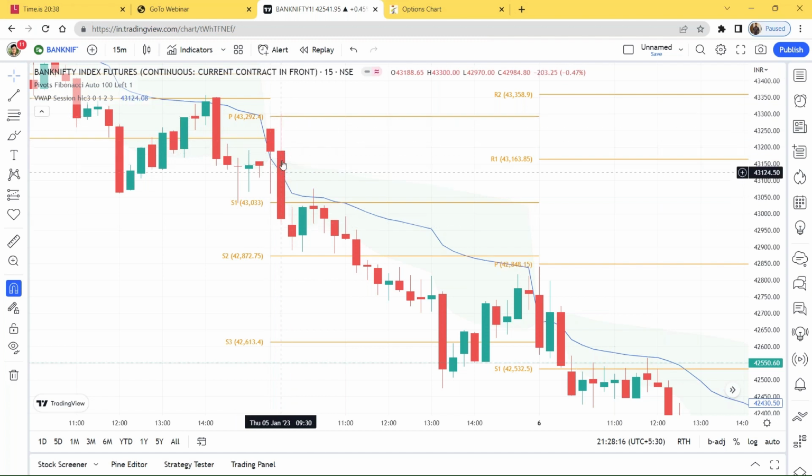The body of the candle should cross and close below both the VWAP and the pivot on a single candle. So this is a perfect selling trade. At the low of this candle, rounded off to the nearest one, we will place our selling orders. What would be the stop loss?